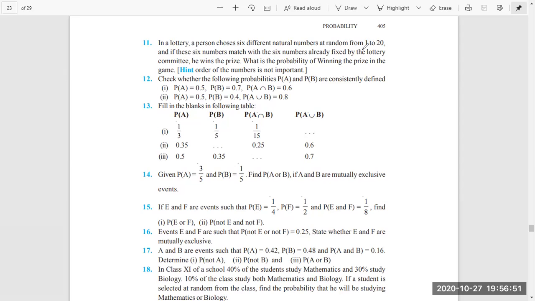6 different natural numbers at random from 1 to 20. So there are 20 numbers, and each time you take 6.